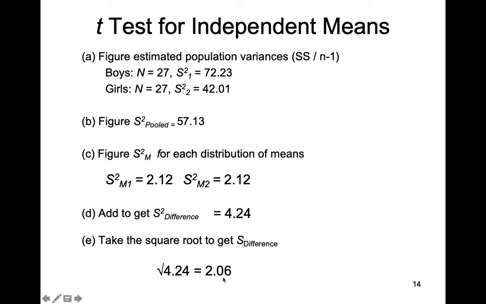So it would not be unusual to take a random sample of 27 boys from a population and a random sample of 27 girls from a population of girls, calculate the mean for boys, calculate the mean for girls, subtract one from the other, and see a difference of 2 points. That wouldn't be very unusual at all. That would be like a standard error, a standard difference. And that becomes the denominator of our t formula.